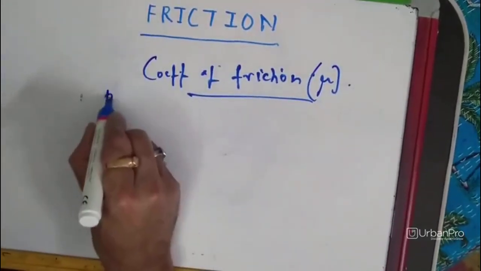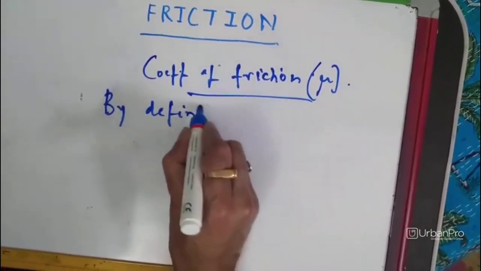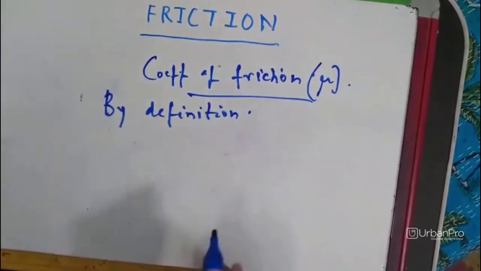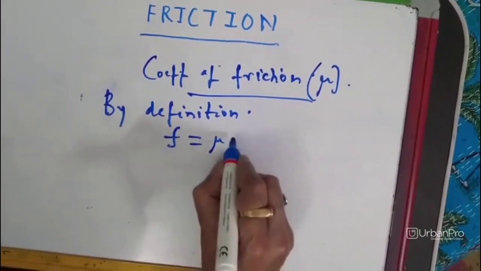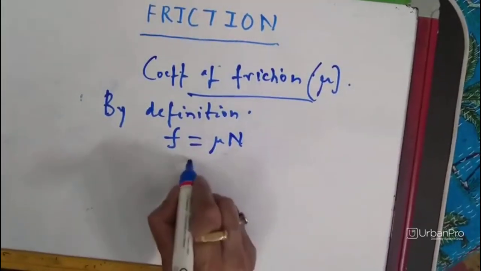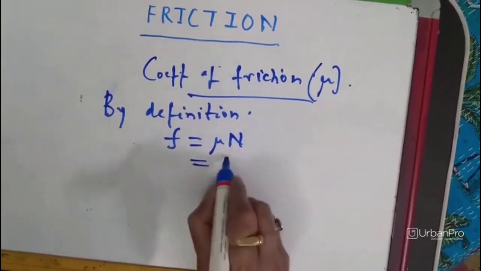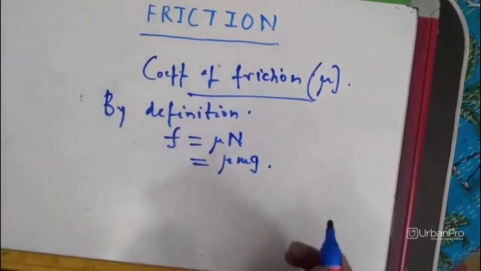And by definition, friction force, which is denoted as small f, is mu into n. And if the body is on a horizontal surface, n is equal to mg. So friction force is equal to mu mg.